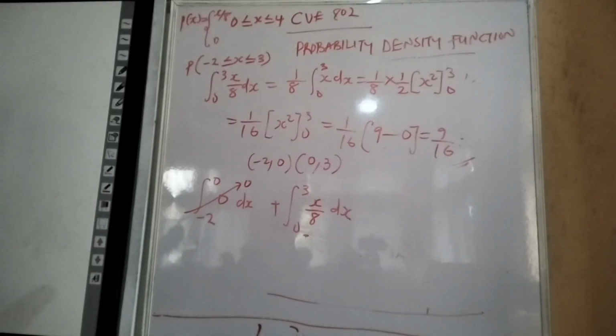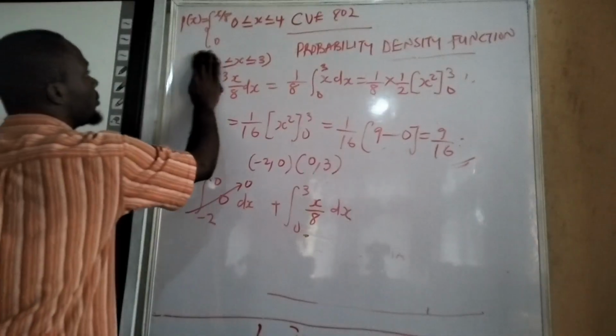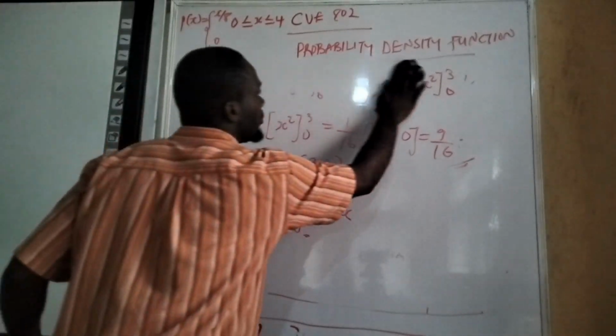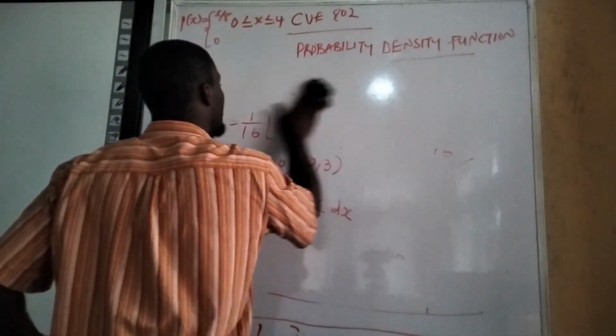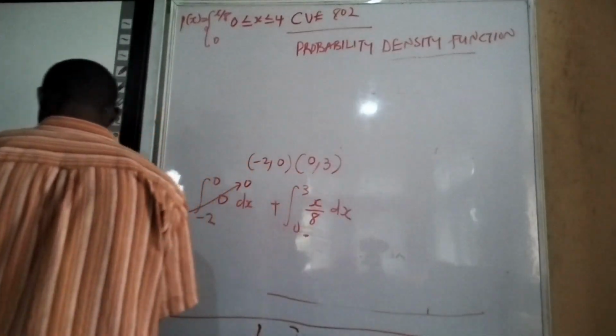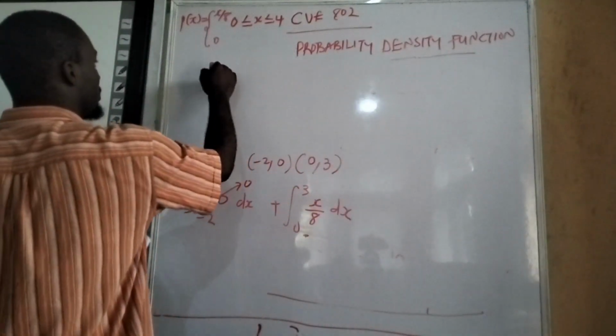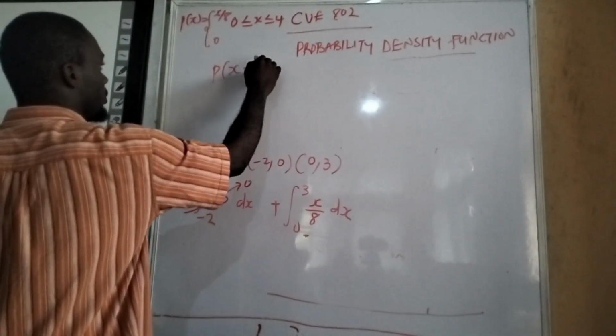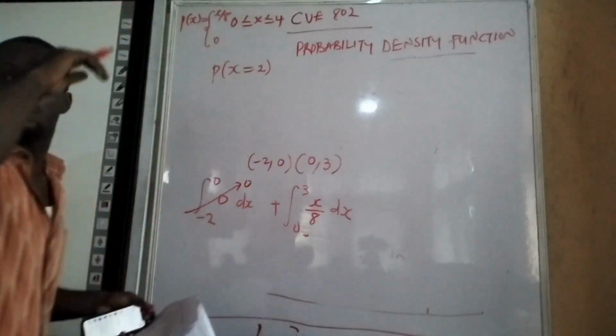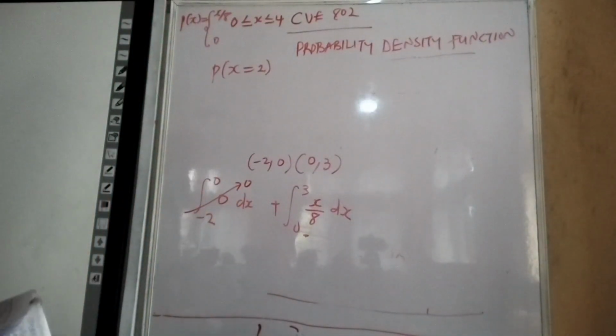So the last example is telling us to do for x equal to 2.